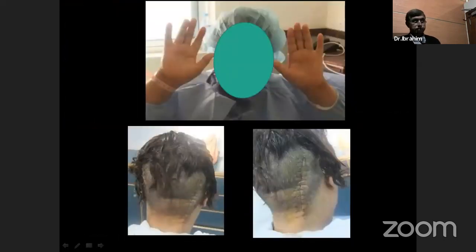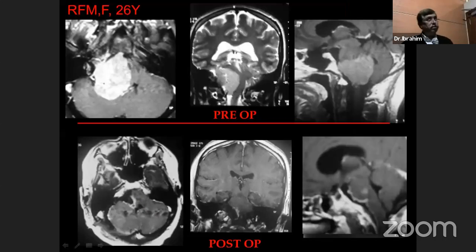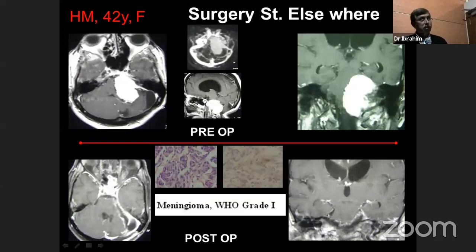And the patient. This is the incision. I always do a small cortical incision here to get the air outside and to be an emergency entry if they develop hydrocephalus. Before and after. This was done surgically. They have not removed the tumor, they have removed the cerebellum.